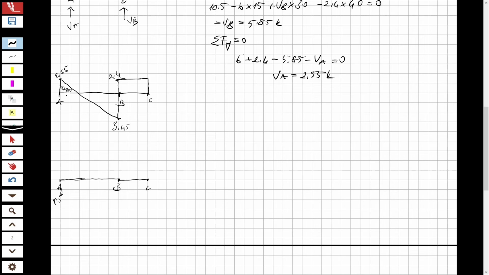How am I going to find this amount? I'm going to write it as x and 30 minus x. From the geometry, everyone knows because you're an engineer, it's going to be 2.55 over 3.45, and x will be equal to 12.75.